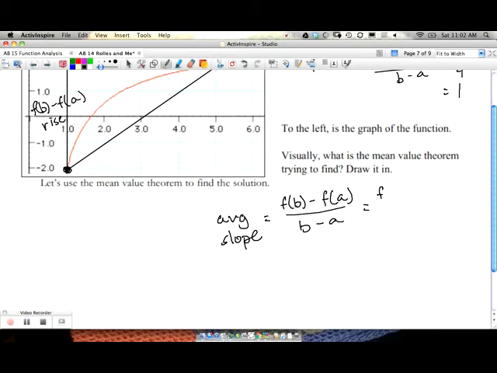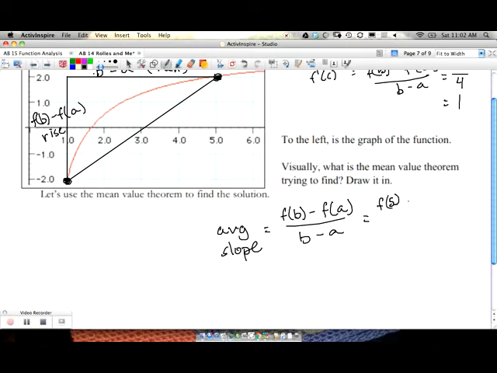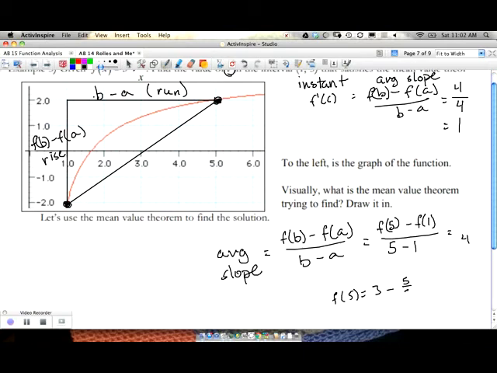And f of, what's the first point, or the second point? F of 5. It's going to be f of 5 minus f of 1 over 5 minus 1. The 5 minus 1, that's easy to get, that's 4. But what's f of 5? F of 5 is going to be 3 minus 5 over 5, which is 3 minus 1, that's 2.